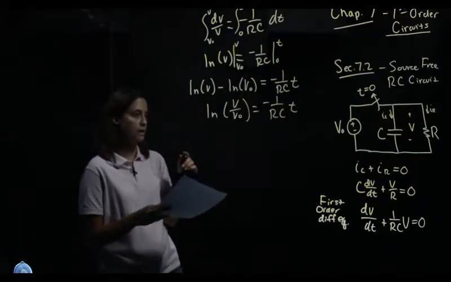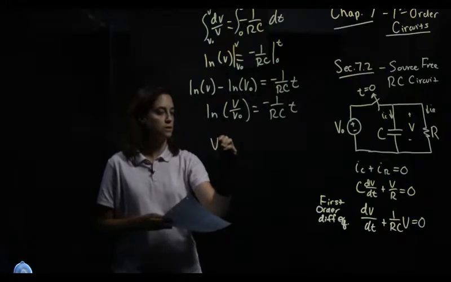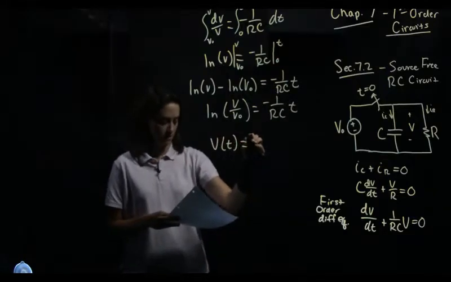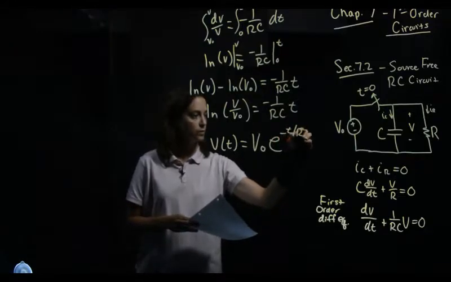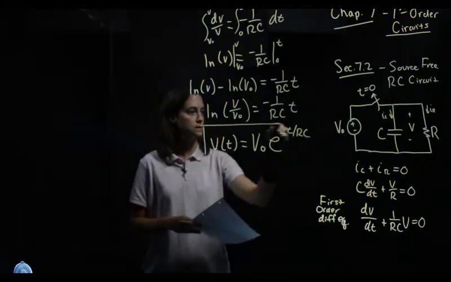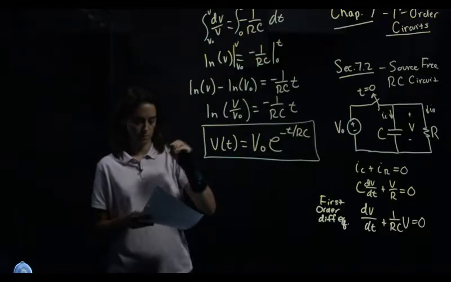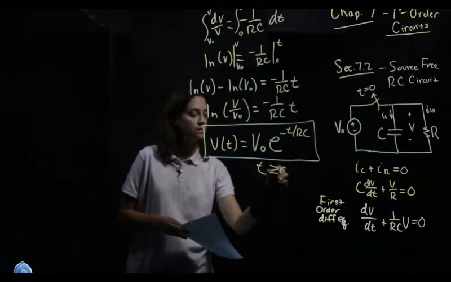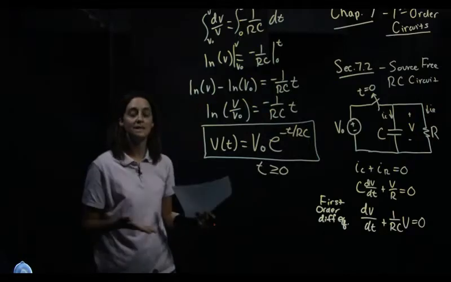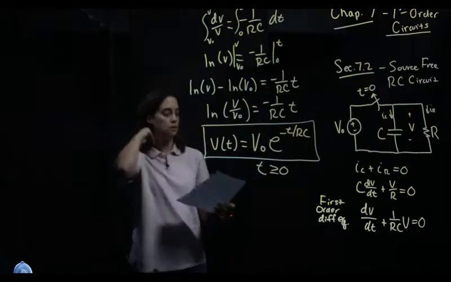Take both of those to the power of e and rearrange. And I get V of t equals V0 e to the minus t over RC. And this is a very important equation here. And I should also write this is for t greater than or equal to 0, right? Because when t is less than 0, that switch is closed.